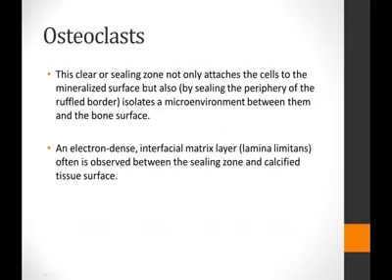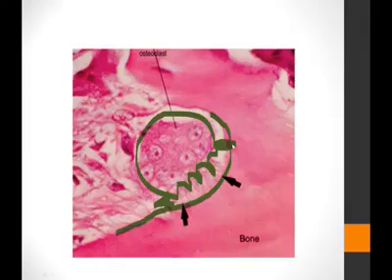So the sealing zone basically not only attaches the cell to the mineralized surface but also it seals the periphery of the ruffled border and creates an isolated microenvironment between the bone and the osteoclast's ruffled border. जैसे कि मैंने बताया कि जो सीलिंग जोन है ये सिर्फ एक अटैचमेंट ही प्रोवाइड नहीं करता बल्कि ये एक ऐसा कंपार्टमेंट क्रिएट कर देता है रफल्ड बॉर्डर और बोन के दरमियान में which has an isolated environment. ठीक है.